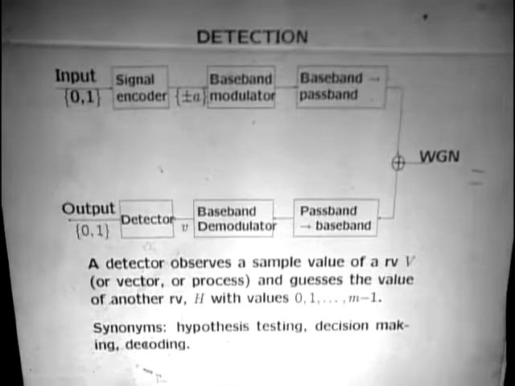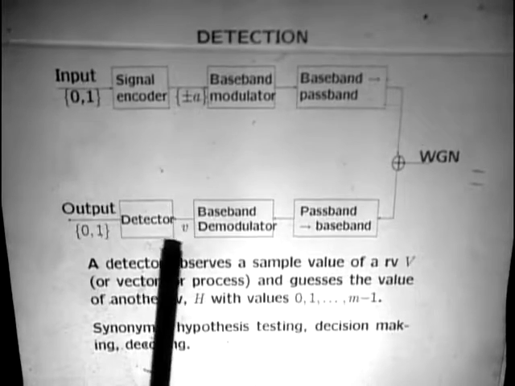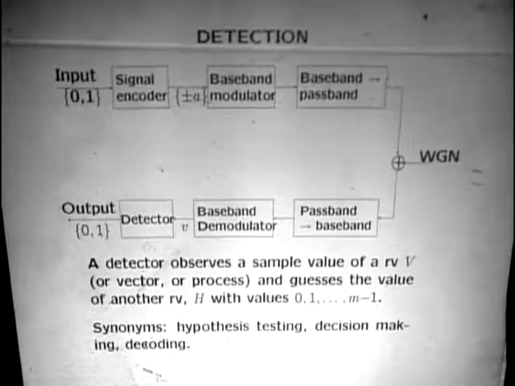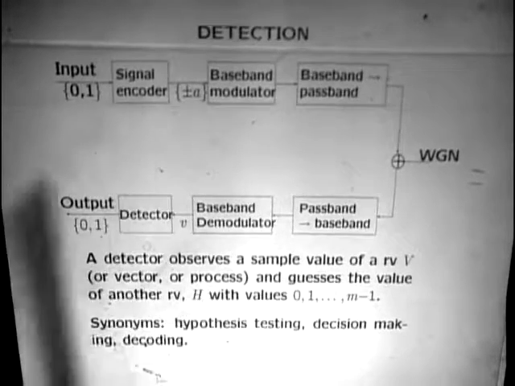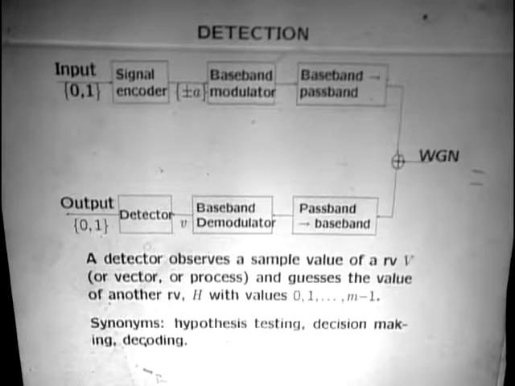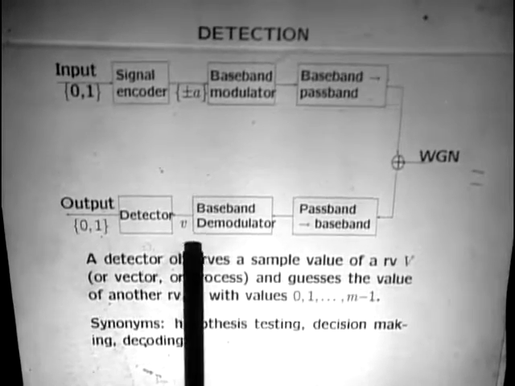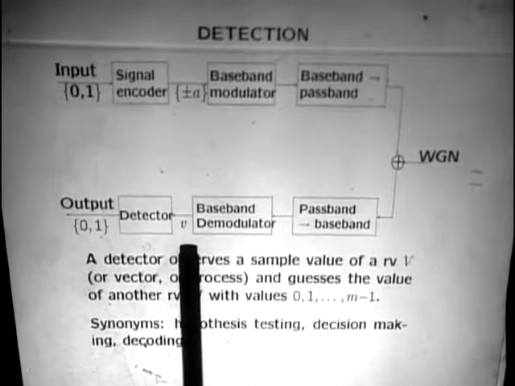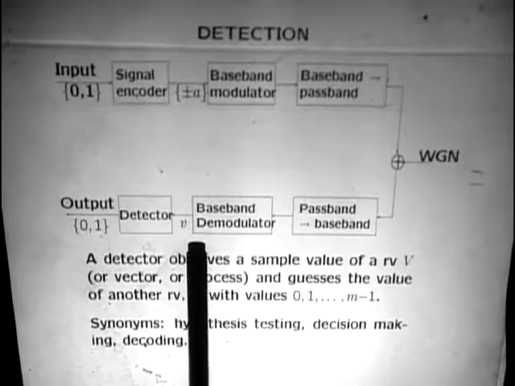Okay, so the detector observes the sample values of the random variable for which this is the sample value, and then guesses what the value of this random variable h is, which is what we call the input now, because we view it from the standpoint of the detector. The detector has two possible hypotheses. One is that a 0 was sent, and the other that a 1 was sent.